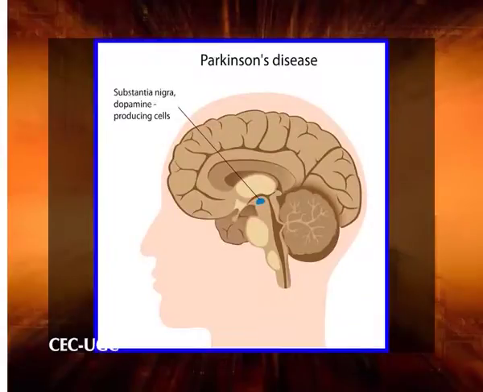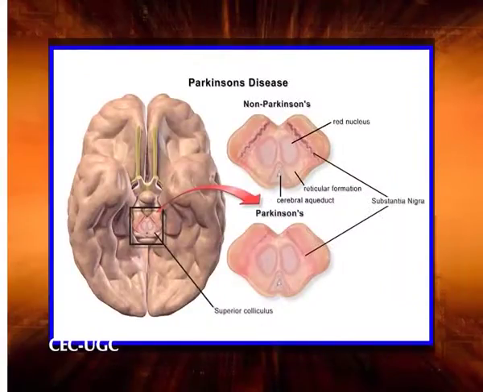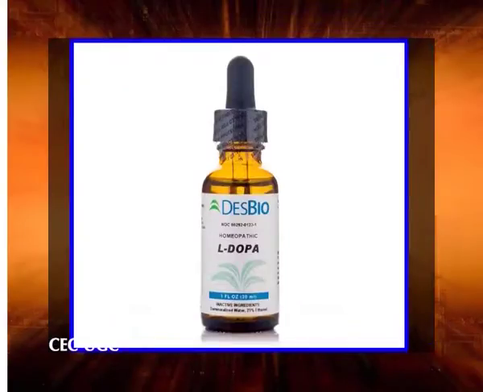Thus, since it was observed in patients suffering from Parkinsonism that the dopamine levels in the basal ganglia were much lower than those found in the brains of healthy persons, a symptomatic but rational therapy became possible.